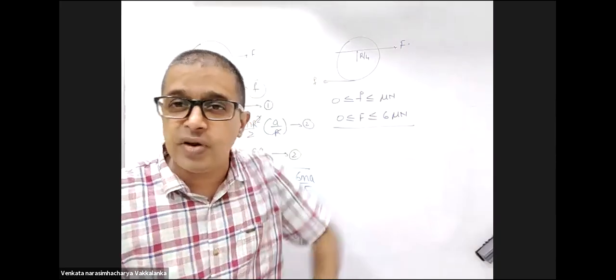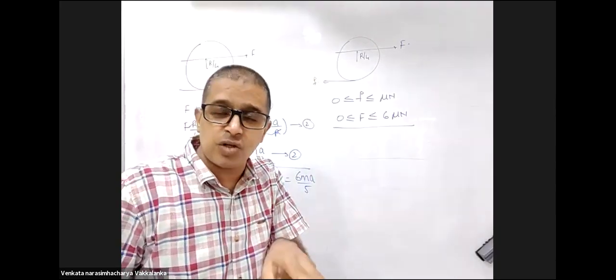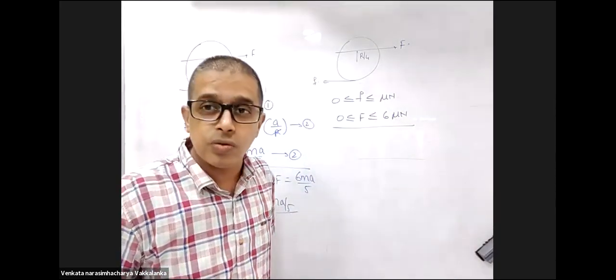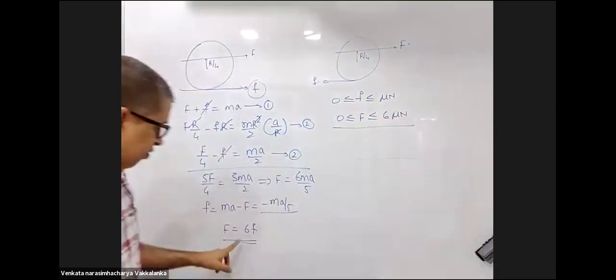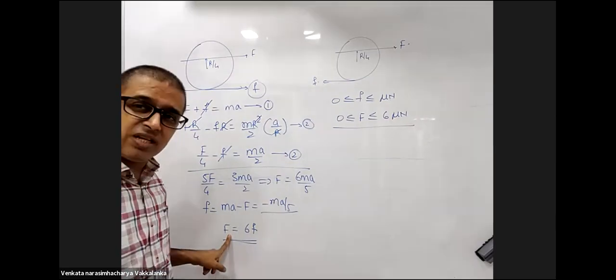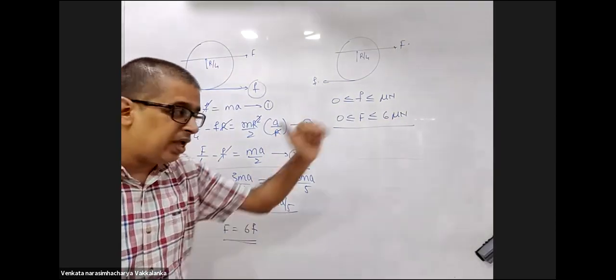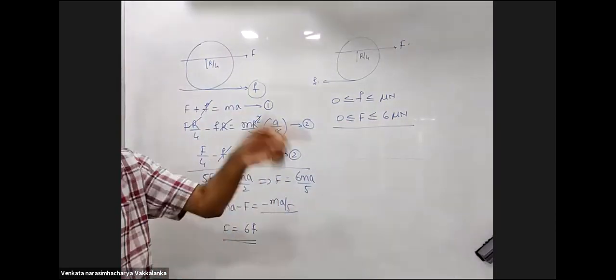The corresponding value of friction will change and adjust to make sure that the body rolls. How much is the value of friction? It will be 1/6 of that particular force in the backward direction to make the body roll.